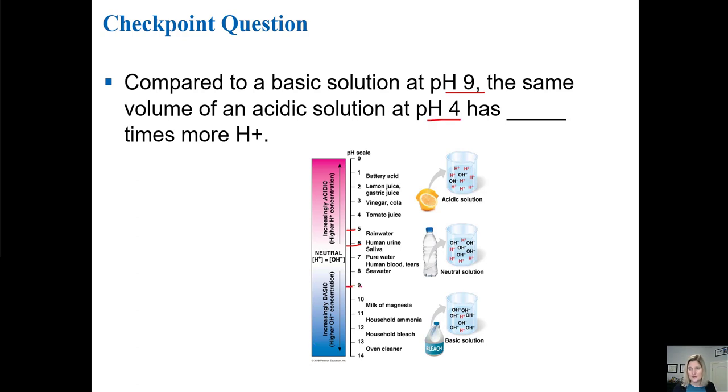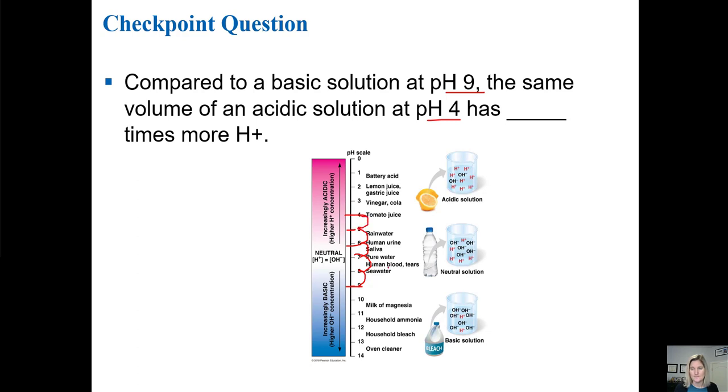So we have pH 9 and here's pH 4. We're going to look at how much more hydrogen ion concentration pH 4 has compared to 9. So 9 to 8, 8 would have 10 times more than 9. So that's 10. Here's another 10. Here's another 10. Here's another 10.